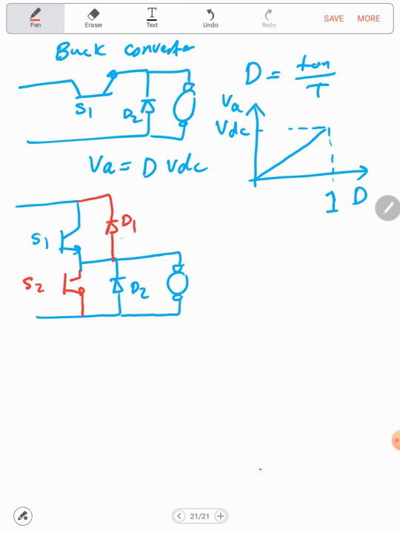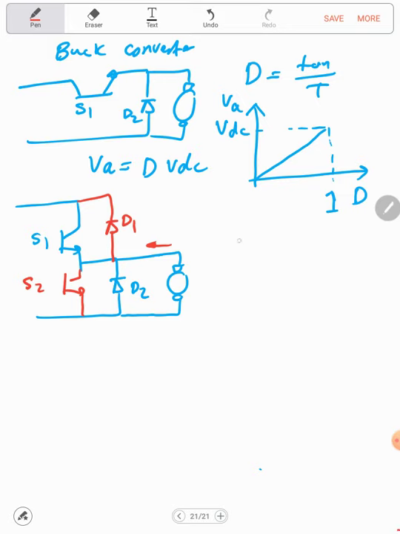Now when IA is negative, this means that either S2 is on or D1 is conducting. Why? Because the current is negative, it cannot go via S1 or D2. It has two paths, either via D1 or via S2.